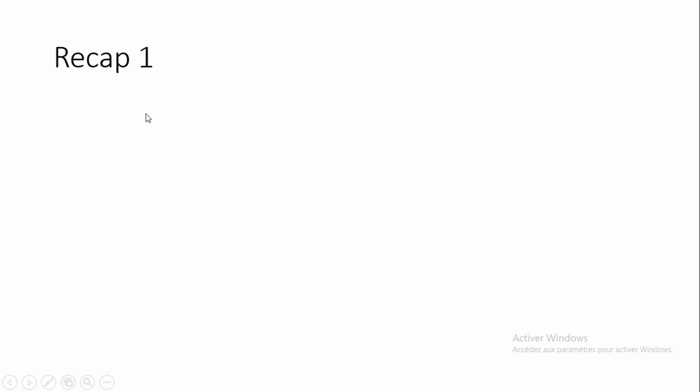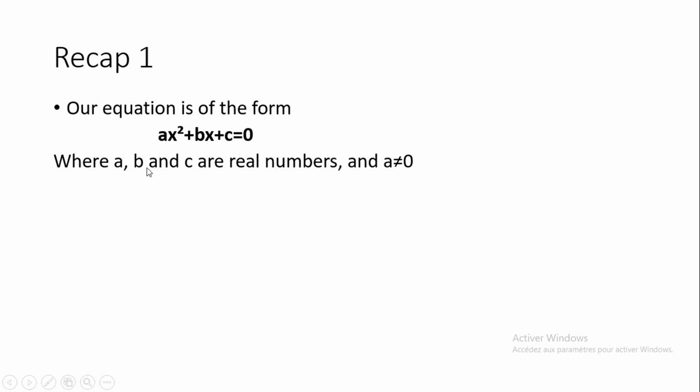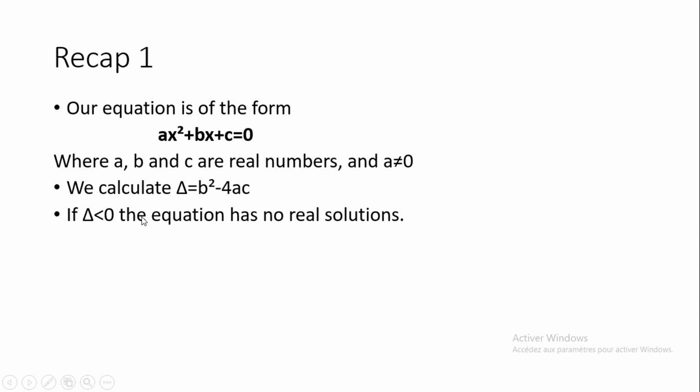So moving to a recap of what we've seen so far. We said that our equation is of the form ax squared plus bx plus c equals 0, where a, b, and c are real numbers and a different from 0. We calculate delta equals b squared minus 4ac. If delta is negative, then the equation has no real solutions.